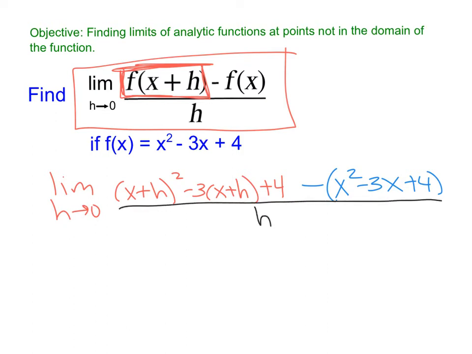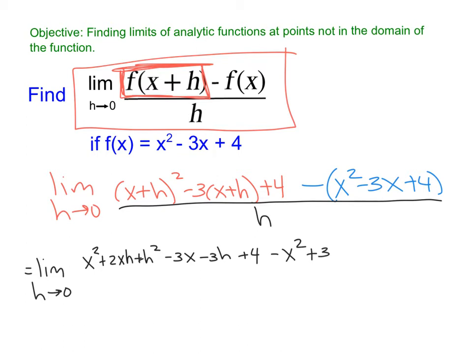All right, go through and simplify the top. This is why I said it's really good if you can do this in your head. So x plus h squared is x squared plus 2xh plus h squared, minus 3x minus 3h plus 4. And then I'm subtracting, so minus x squared plus 3x minus 4, all over h.